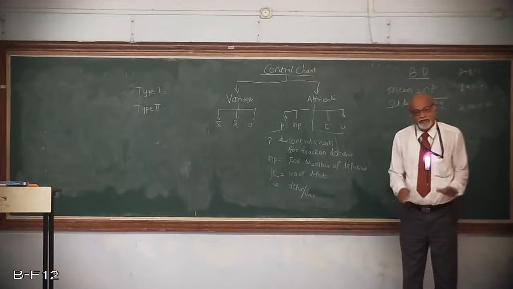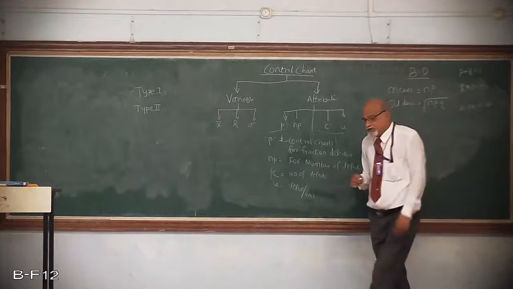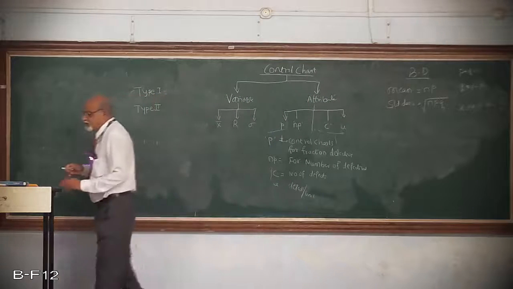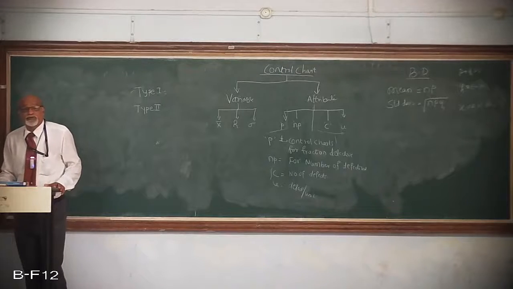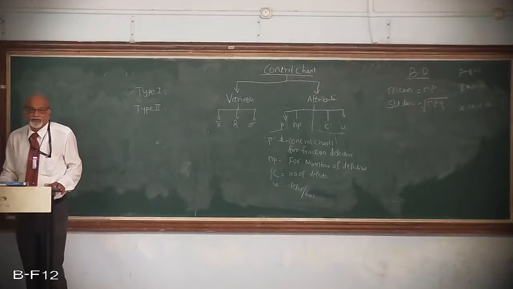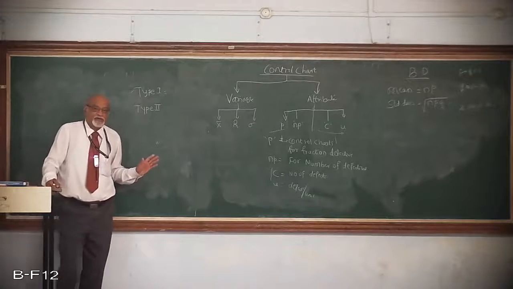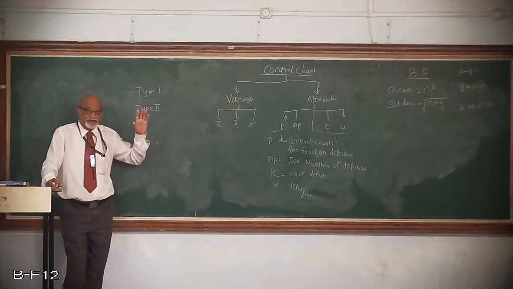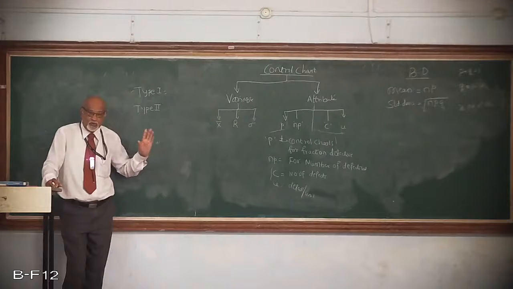Type 1 error means what? There are two things: what the real situation is, and what conclusion we draw. Actually, the process is in control, but we conclude based on the sample that the process is out of control.